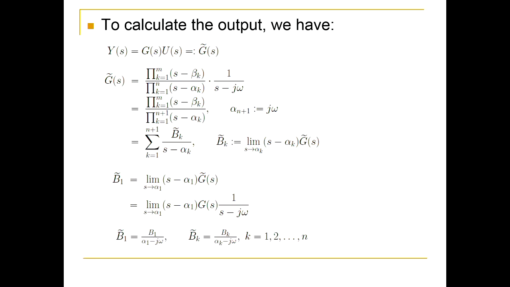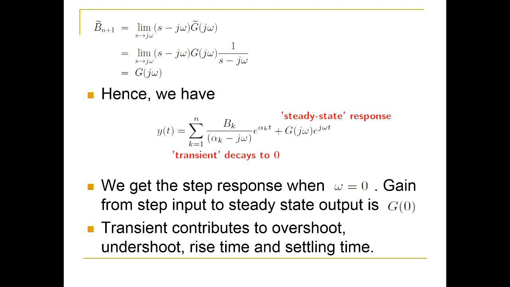Now I'm avoiding using the j omega. You know that j omega is now considered as one of the poles in this G tilde transfer function. I will calculate its residue at the end. But all the residues due to the poles of the original G transfer function are given by these formulas. So what is B tilde n plus 1? Well, that takes a bit more care.